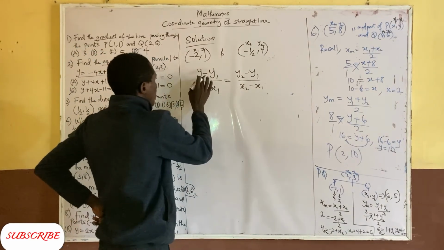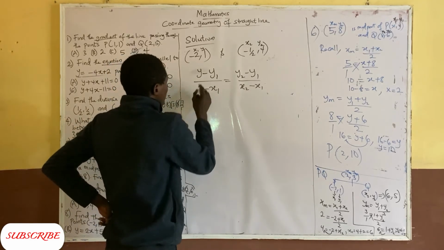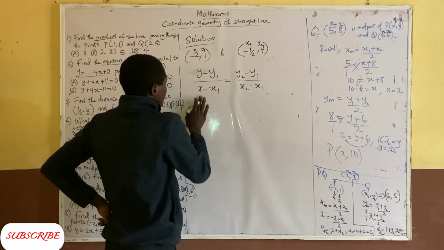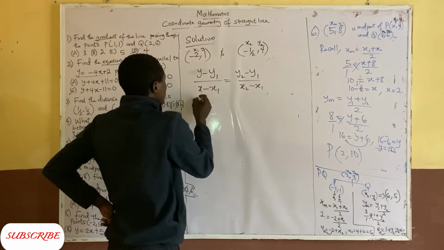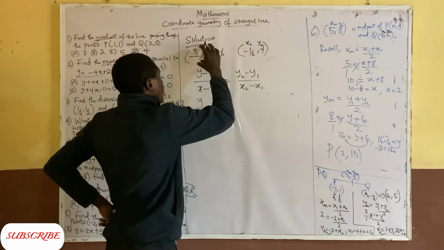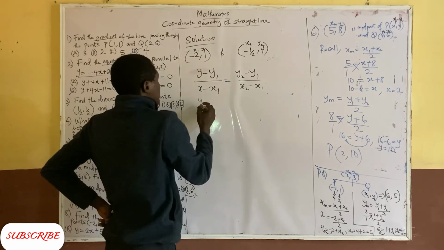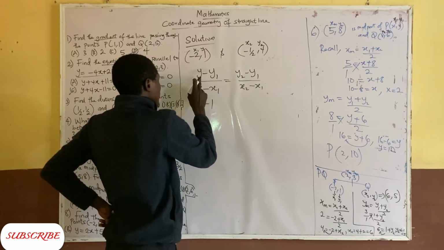Now we have y minus y1 over x minus x1. So y1 here is 1. This is the formula you are going to use. Now y is unknown, so y is left as y.